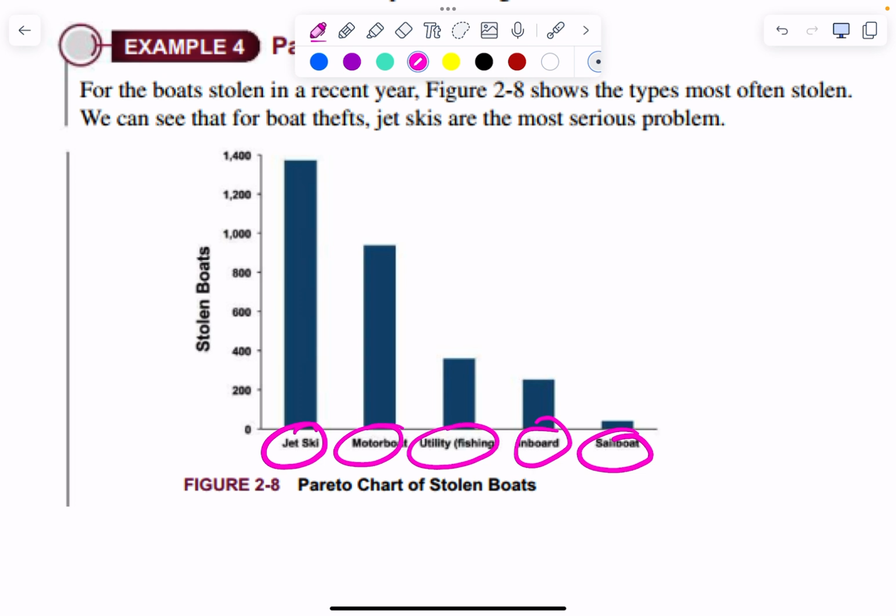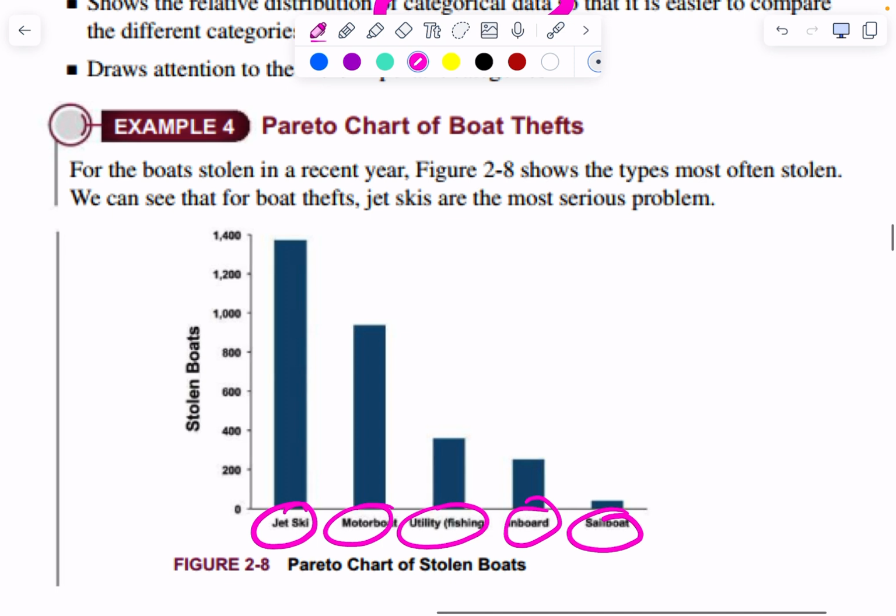These are boats that are stolen every year. Thefts for jet skis are the most because people can hop in them and run off real fast, and there are probably more jet skis out there than sailboats. They'd also be easier to transport.